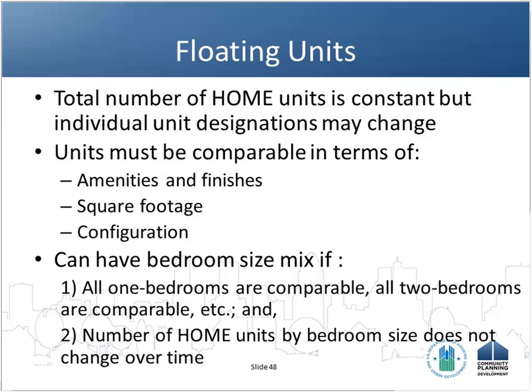In that case, the PJ might decide that these are not comparable and so designate within their written agreement, when they designate home units, a certain number of the townhouses and a certain number of the garden-style apartments and allow these to float amongst those specific types, just to keep this accurate within our test for comparability.